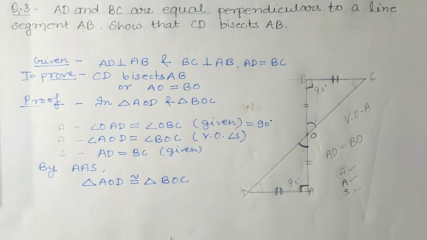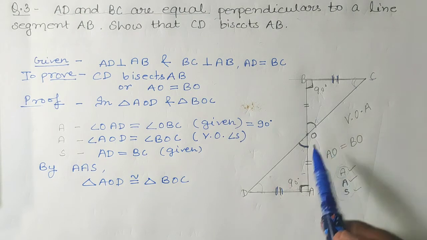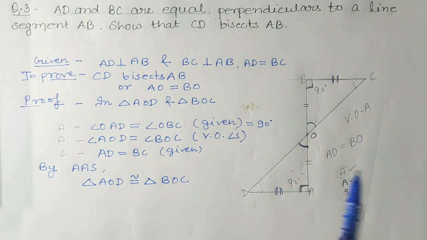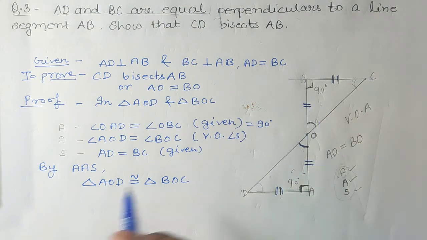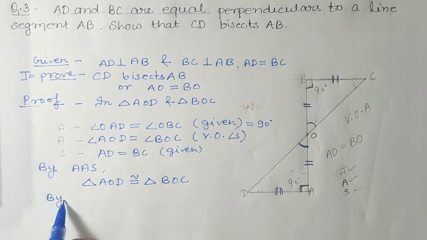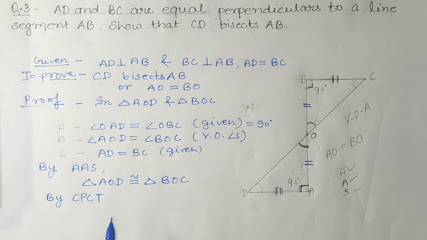And if these two triangles are congruent, then by the criteria of CPCT, you are remembering CPCT. What is CPCT? Corresponding parts of congruent triangles. In short, we write it CPCT. So by CPCT, their corresponding parts will be equal. See, the first and second letters are AO and here it is BO.